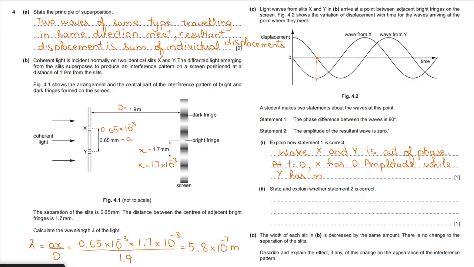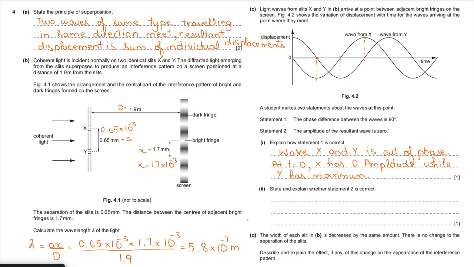So if we compare, when one has zero amplitude, what is the other's amplitude? It is maximum. Okay. State and explain whether statement 2 is correct.